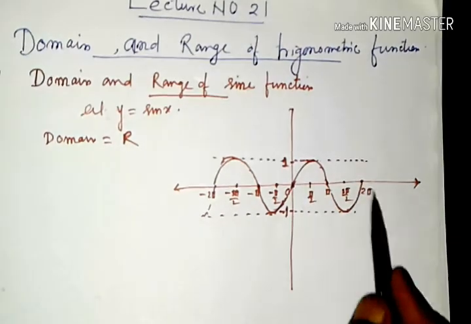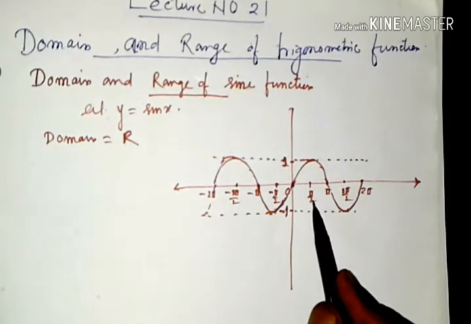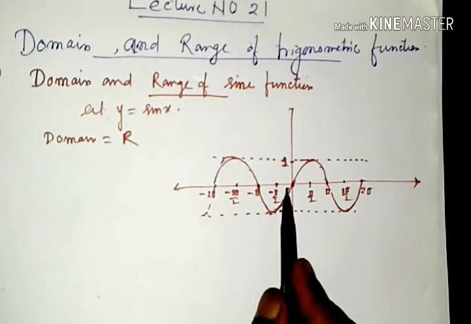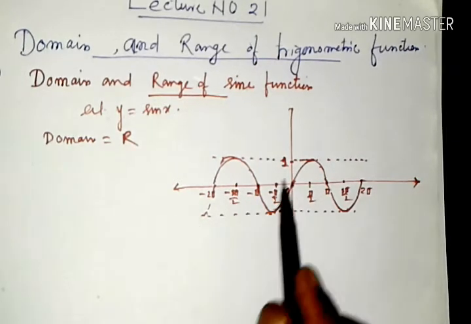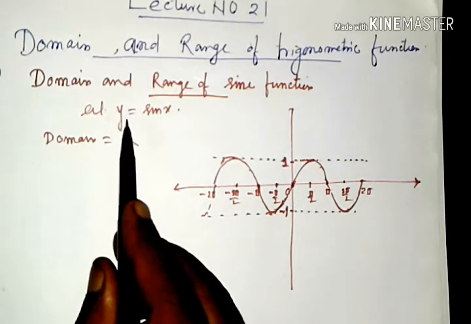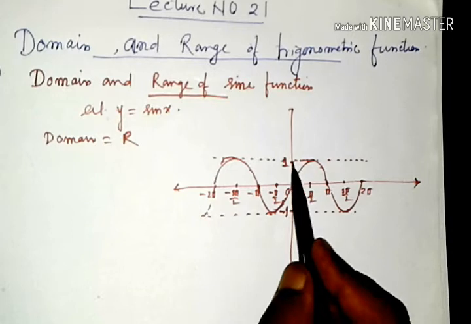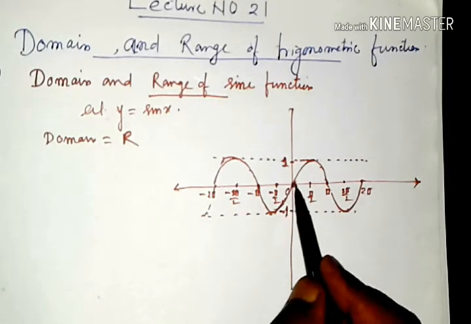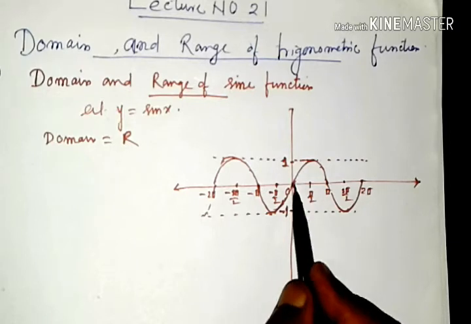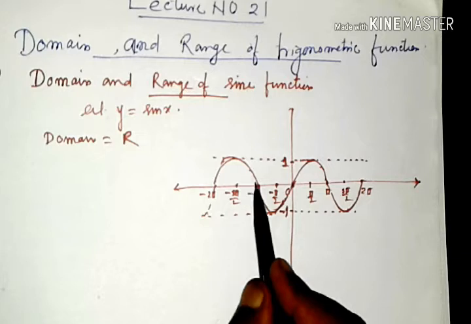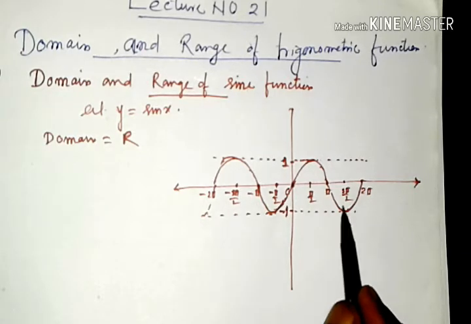We can put any real number: minus pi by 2, pi, 3 pi by 2, twice pi, etc. But we cannot get all real values, because it oscillates in between minus 1 and 1. So the range is between 1 and minus 1.